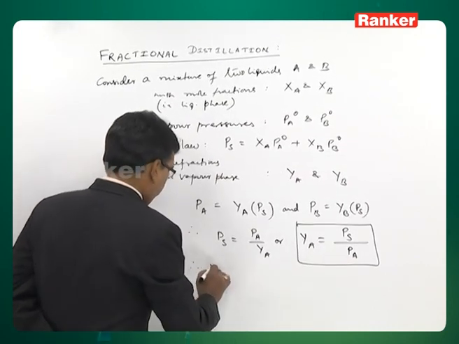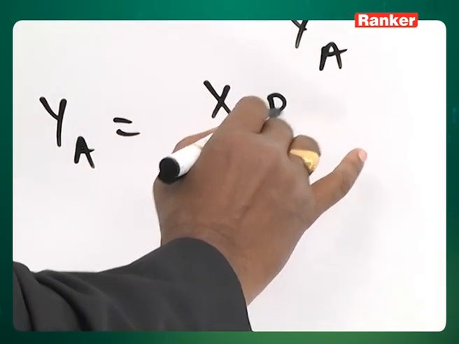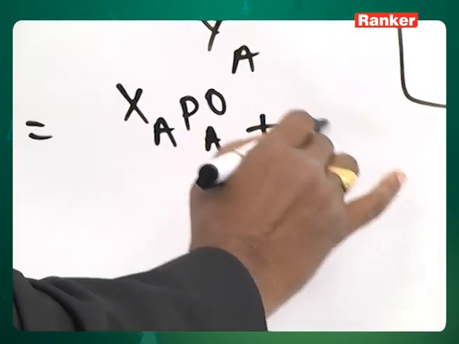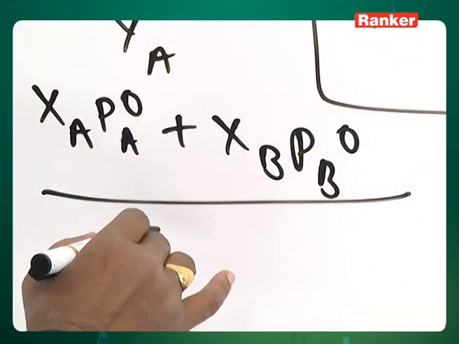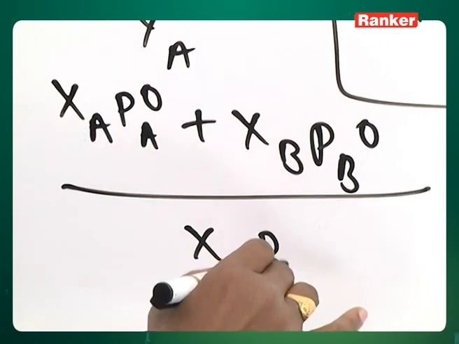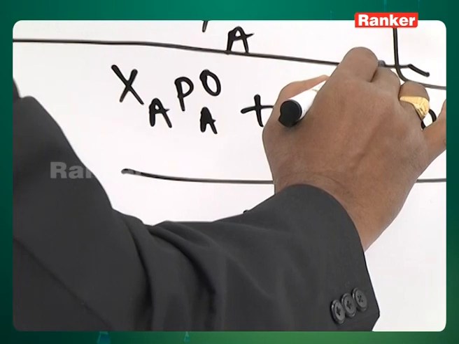Therefore, Y A is equal to X A P A naught by X A P A naught plus X B P B naught. This is another relation.